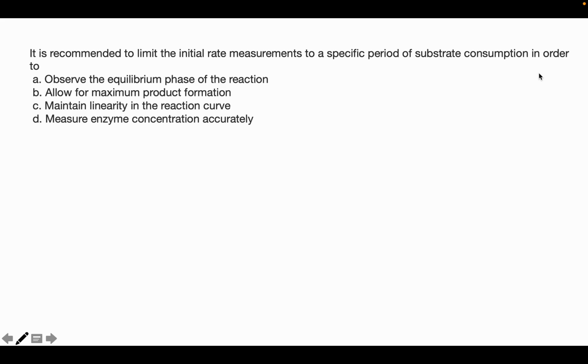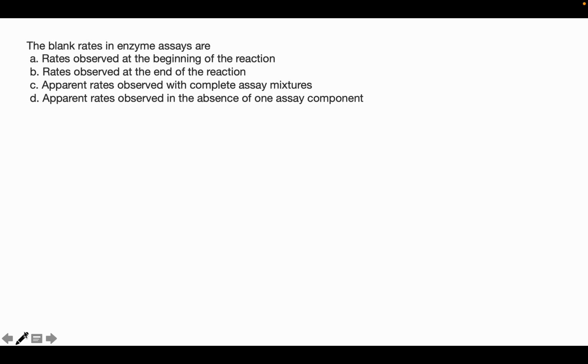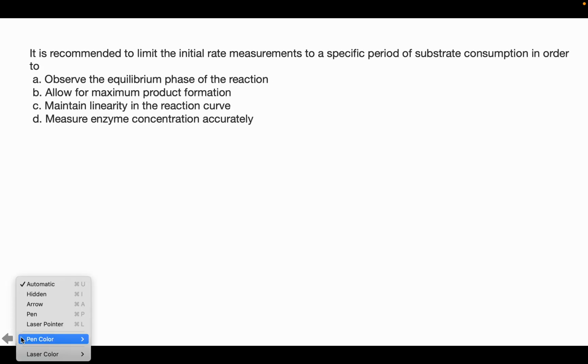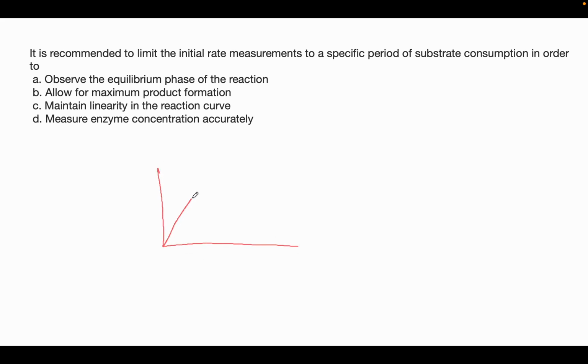It is recommended to limit the initial rate measurement to a specific period of substrate consumption. We do initial rate measurements for multiple reasons. One reason is to maintain the linearity. As you know, we have an initial linear phase and then a saturated phase.